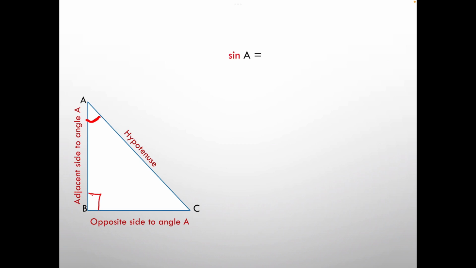As I told you before that if you know the first 3, sine, cos and tan, you can find cot, sec and cosec. But if you know only one, sine, then also you can find the remaining 5. How? Let's see. Here is the magic. Sine A is nothing but opposite side divided by hypotenuse. That means BC divided by AC.